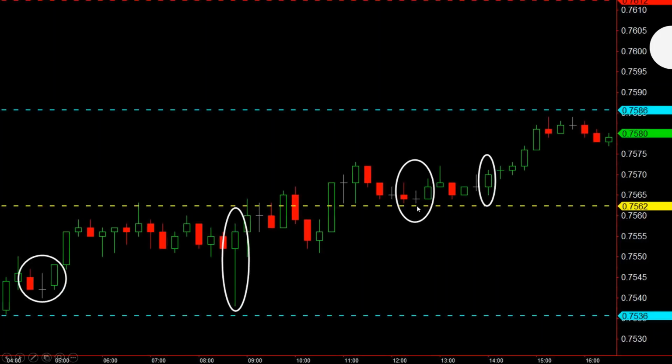Again, this is the doji that occurs at the yellow line. But because that doji was not the lowest in the series, I would want the 3-bar reversal, okay? And that simply means that this bar closed above the high of the doji, okay?